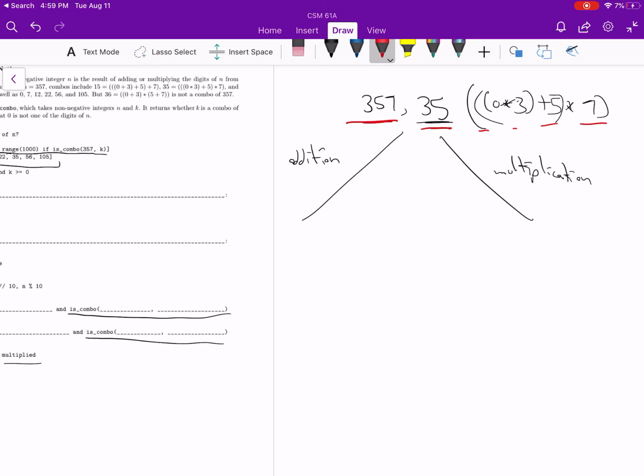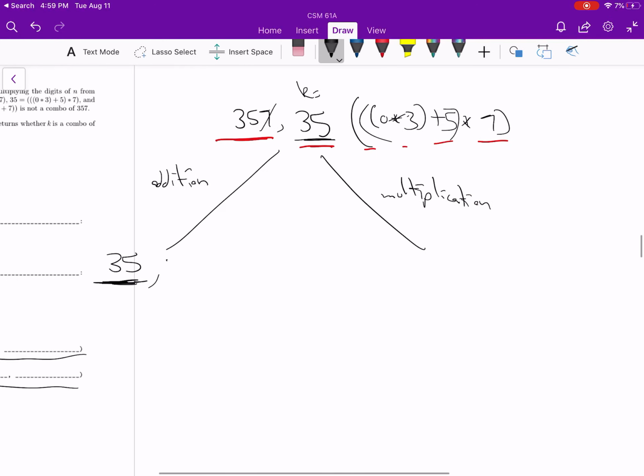And in order to figure that out, to simulate addition or to simulate multiplication, we actually have to do the opposite. So we can simulate the fact that a 7 was used. Either it was multiplied or it was added. So somehow we have to reduce this 357 to 35 because we're using the last digit. And we have to figure out what the opposite of using that last digit is to our k, which is 35.